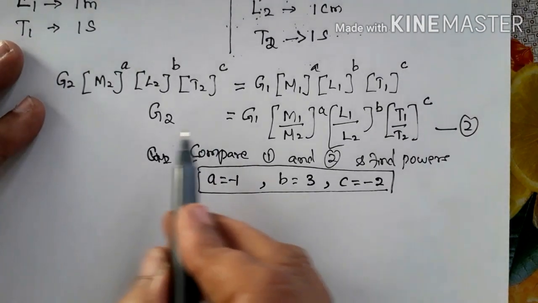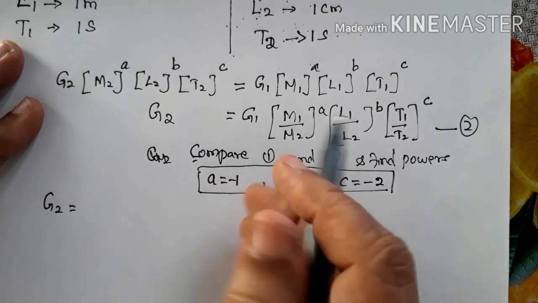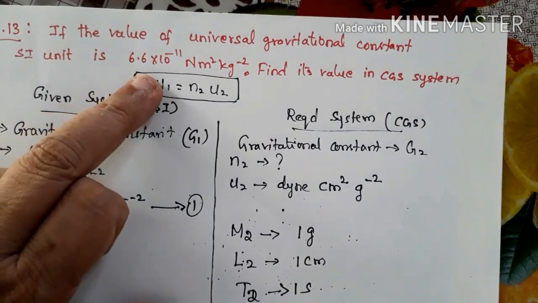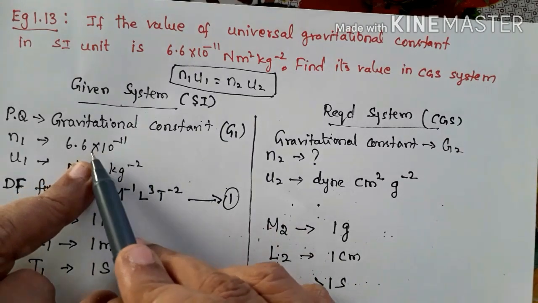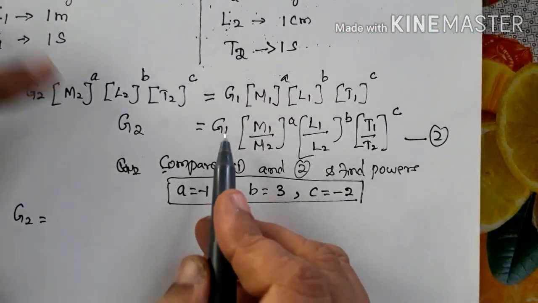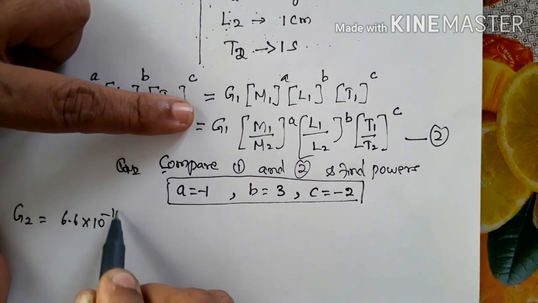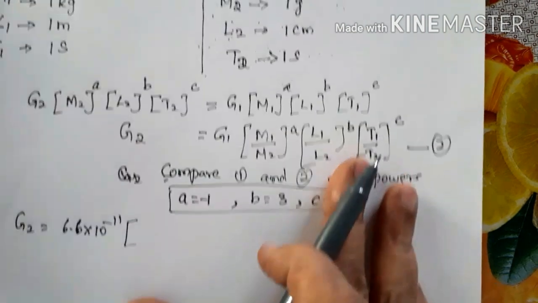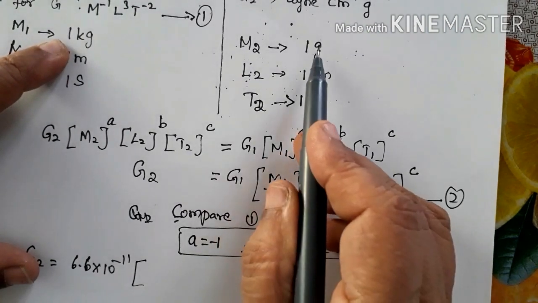Now we will substitute the values. G2 is equal to G1. The G1 value is given in the problem itself, children. You can see the numerical value of G1 is 6.6 into 10 power minus 11, right? So G2 is equal to 6.6 into 10 power minus 11, times M1 by M2. What is M1, children? You can see it is 1 kilogram and here it is 1 gram.